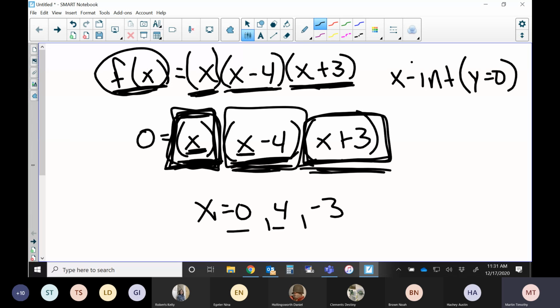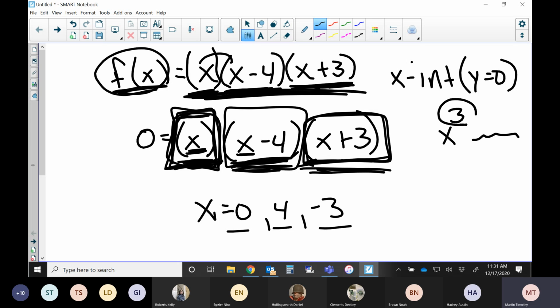That gives me 3 different x-intercepts, which makes sense because if I would FOIL this out or distribute it out and put it in standard form, remember this is factored form, it would get me x to the 3rd, which would tell me that this is to the 3rd power, which means I should find 3 zeros, which I did. 1, 2, 3.